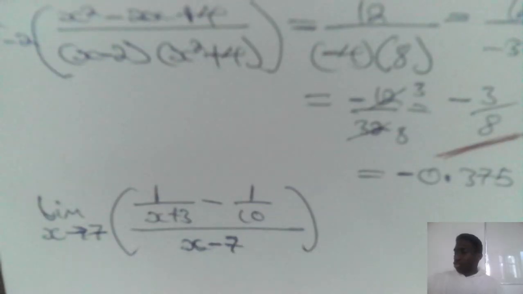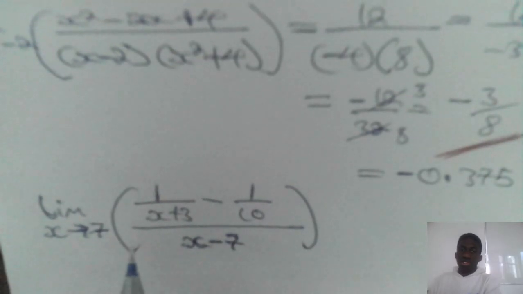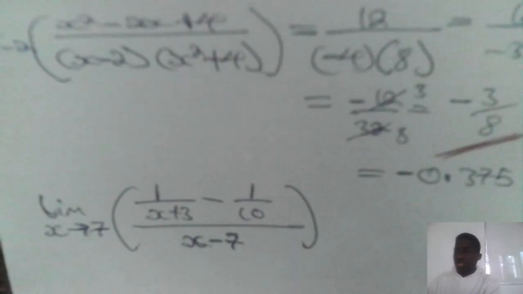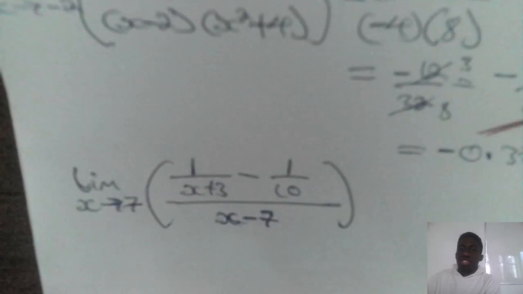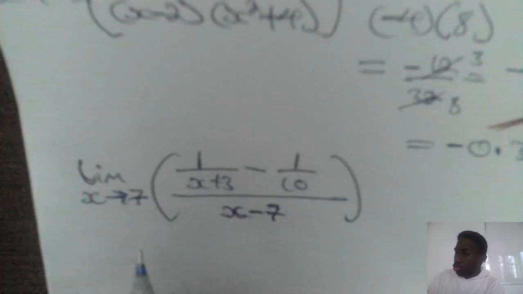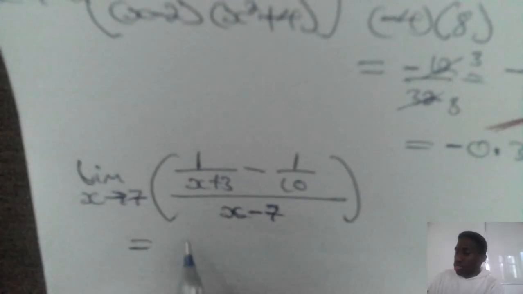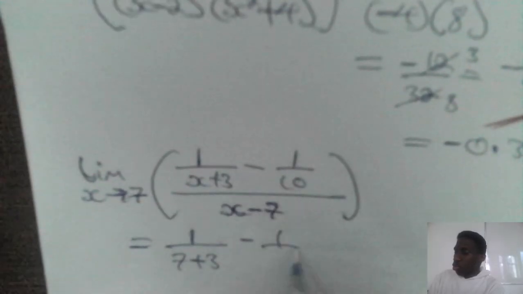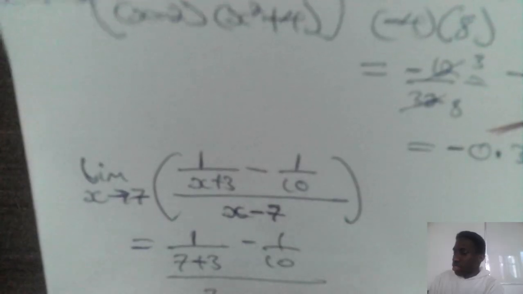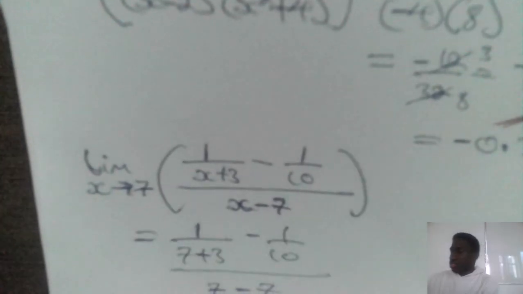We have the limit in front of us, and we want to evaluate it. As usual, we always try to see if the easiest method can work, the substitution. So whenever I see x, I'm just going to plug in 7. Plugging in 7 wherever I see x gives me this.